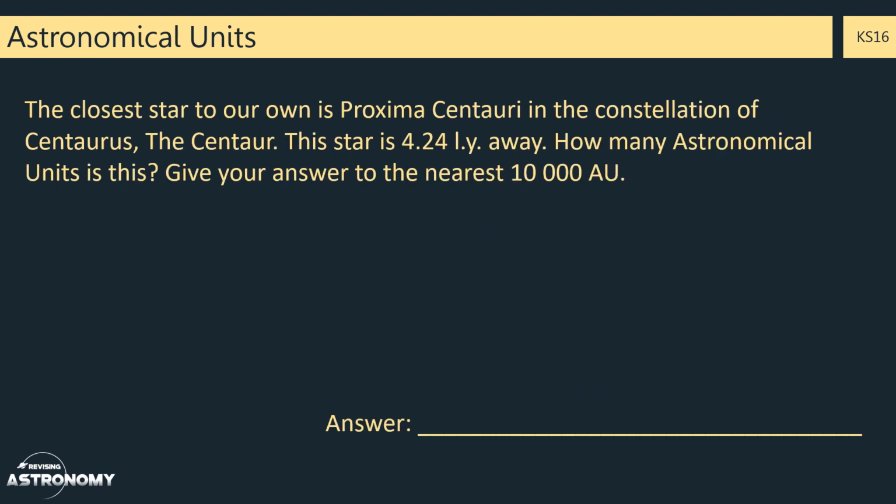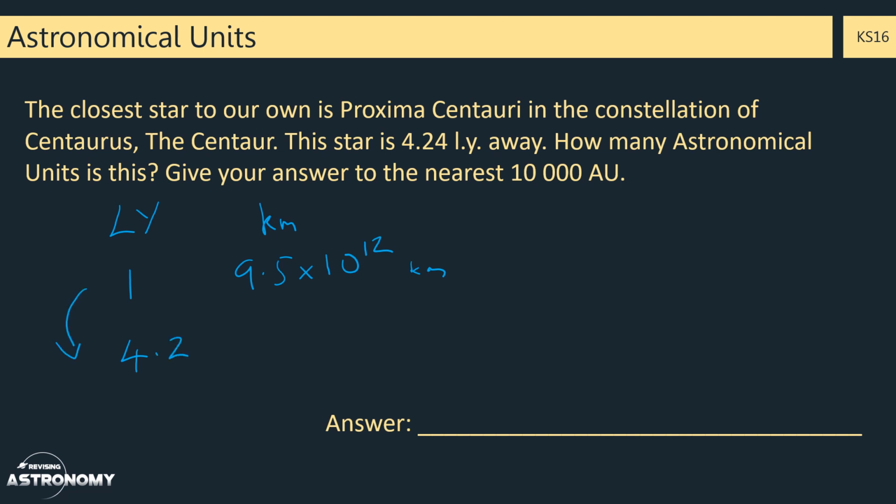The closest star to our own is Proxima Centauri, which is in the constellation of Centaurus the Centaur. This star is 4.24 light years away. How many astronomical units is this? Give your answer to the nearest 10,000 astronomical units. The first thing we're going to do is convert between light years and kilometres. So we should know that 1 light year is the same as 9.5 times 10 to the 12 kilometres. We don't have 1 light year, we have 4.2.